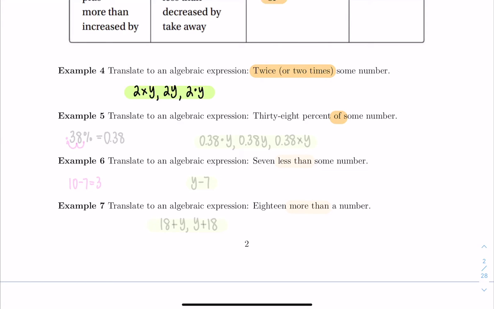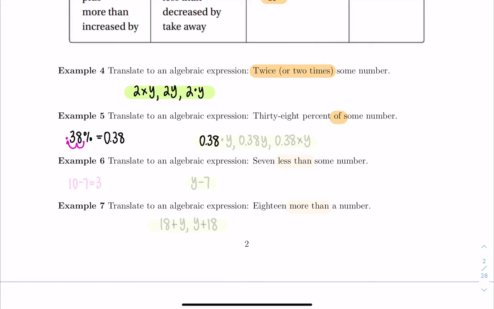So the first thing we need to do is translate 38% into a decimal. And the way that we do that is we move the decimal point 2 spots to the left. And so 38% now becomes 0.38.